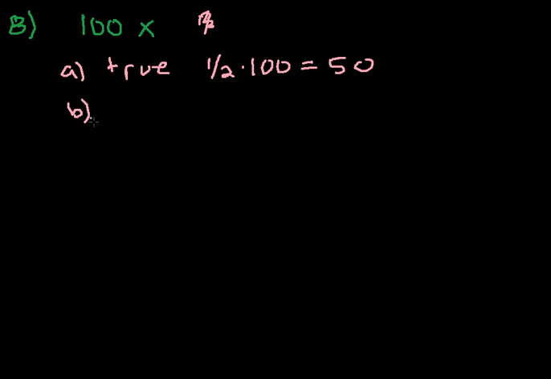Okay, B. The expected value for the number of heads is 50, give or take 5 or so. Well, the expected value, this one is false, because the expected value is what we did right up here.